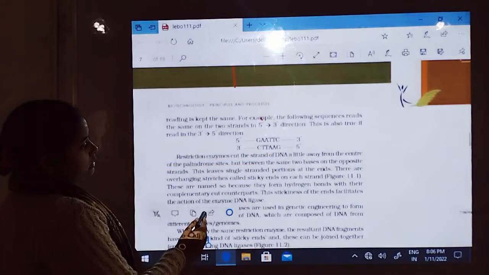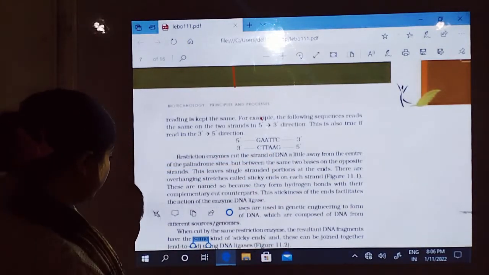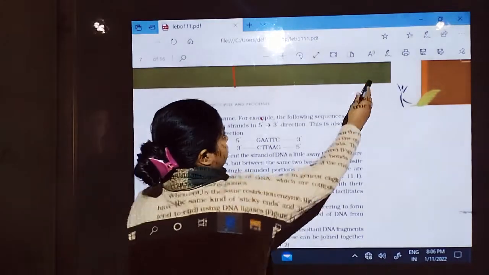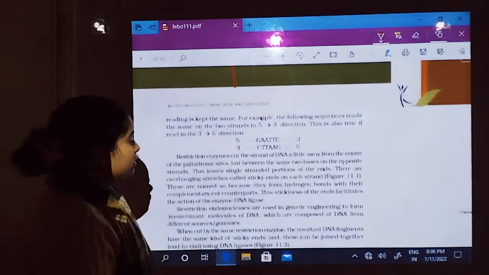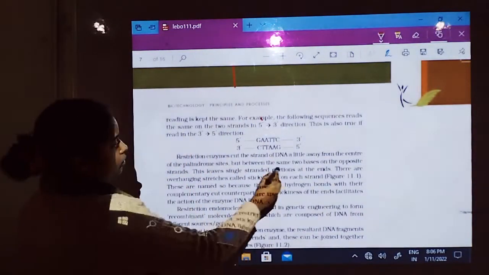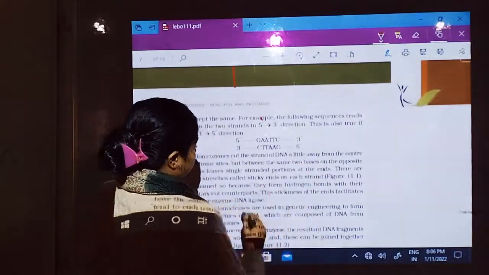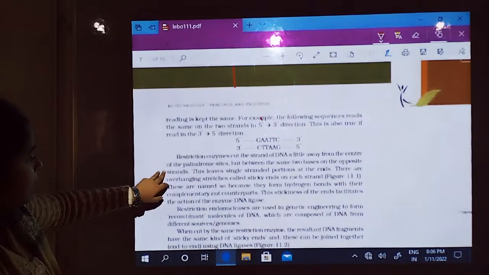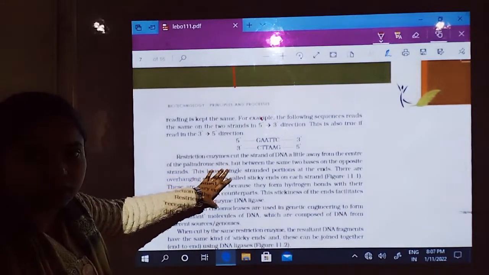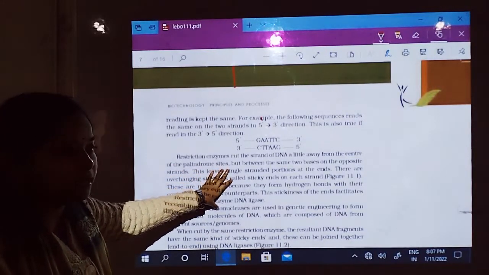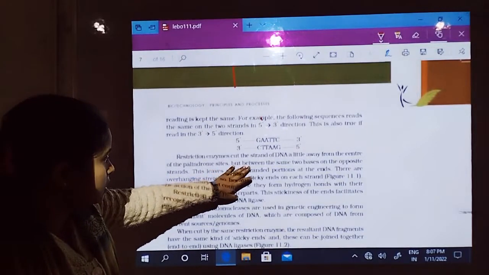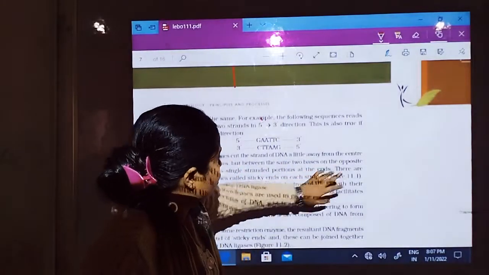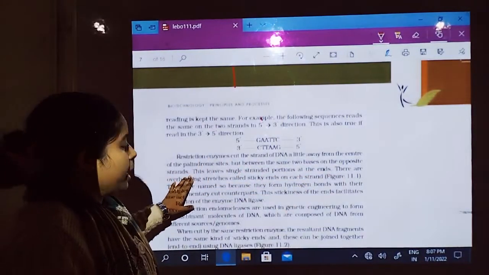Now restriction enzyme always cuts the strand of DNA a little away from the center of the palindromic site, but between the same two bases of the opposite strands.